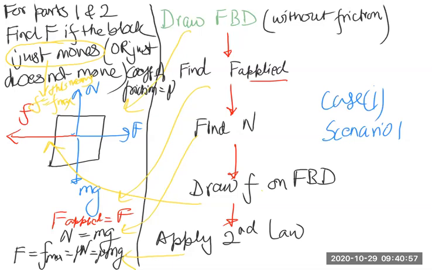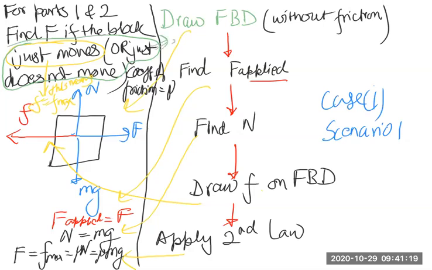And then I apply the second law. Second law में the block just moves or the block just does not move का मतलब होता है acceleration is zero. Okay? So again, let me write this. Block just moves or the block just does not move.